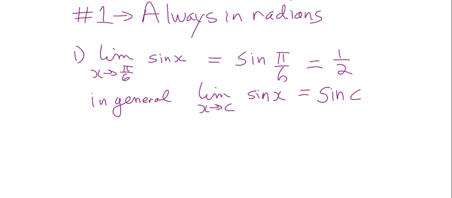It's a continuous function, so it doesn't matter what value of x you put in there or value of c. So what do you think this might be? Yeah. So the limit as x approaches c of cos x is equal to cos c.